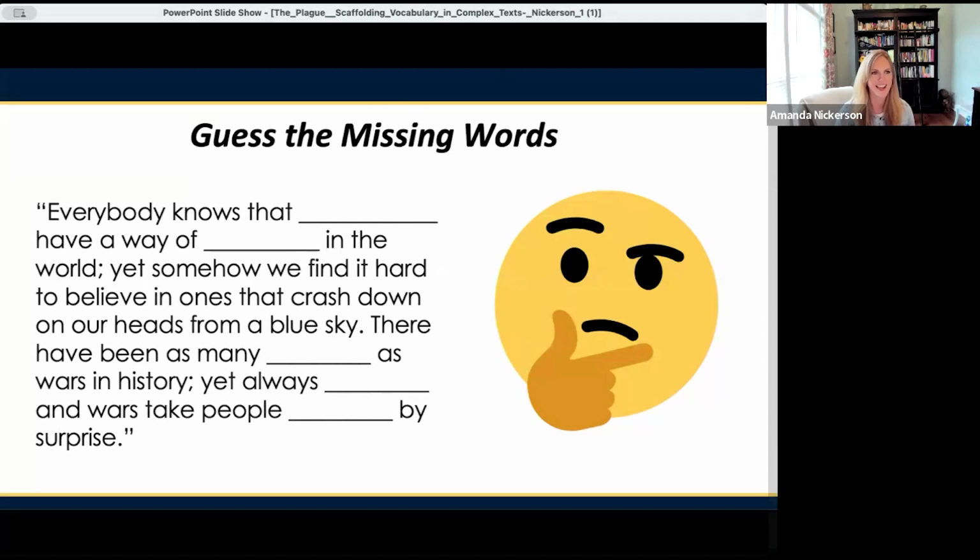Does anyone have any idea what that first word might be? Do you think this is fun? Do you think this is challenging? Do you have any idea what this passage is about? Now, I want you to check. I'm seeing meteors coming in the chat. That's a good guess. Meteors come crashing down on our heads from a blue sky. I'm seeing thunderstorms.